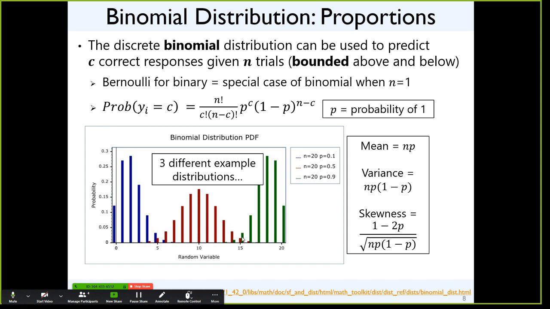The middle here is if you have a probability of 0.5. And that's the only case in which you would expect something that looks somewhat symmetric. There's no obvious floor or ceiling effects in that case. So this is another instance in which there aren't separate pieces of information that you would need to know to be able to describe the distribution, the width, variance, because it's determined by the mean, and also skewness.